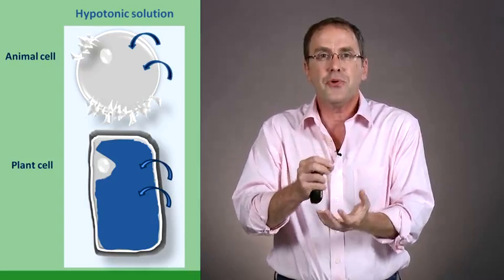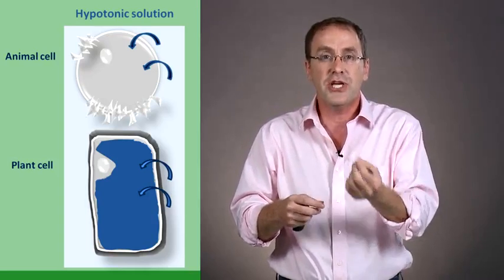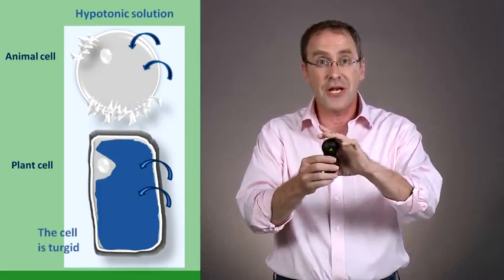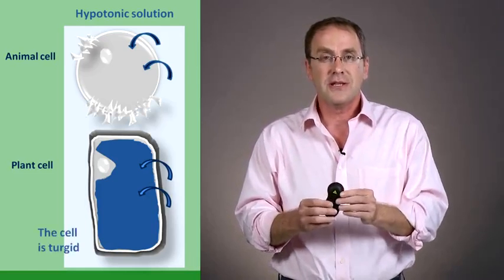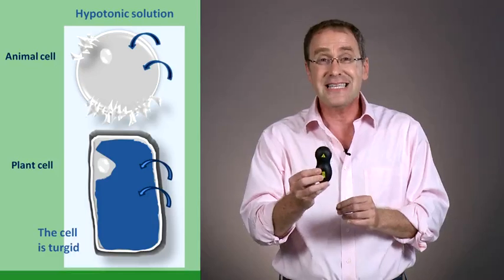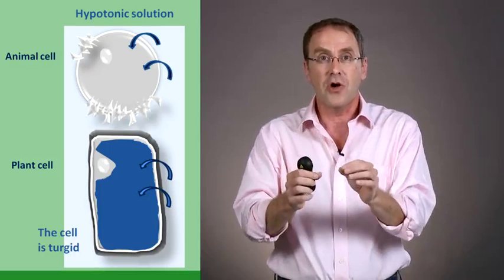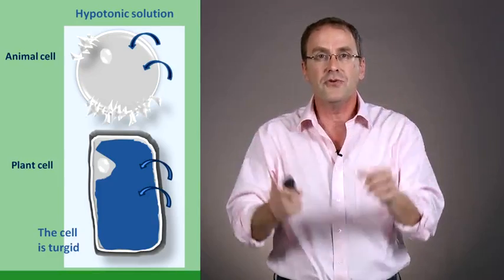And this increase in pressure leads to a condition which we call turgidity, or we say that the cell is turgid. It becomes erect because of the pressure on the cell wall. And this is what gives plants their structure. This is what allows green plants to stand tall, because of the pressure of the protoplast, which comes from the volume of the vacuole, onto the cell wall.